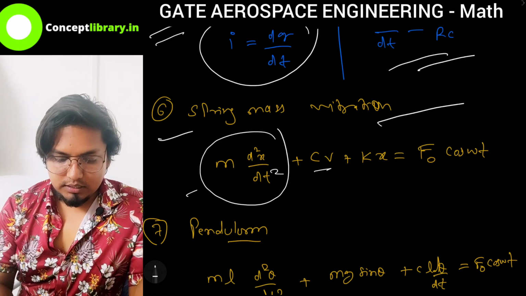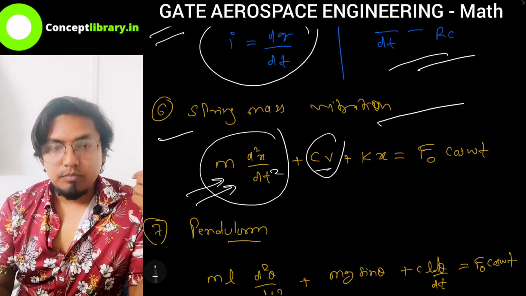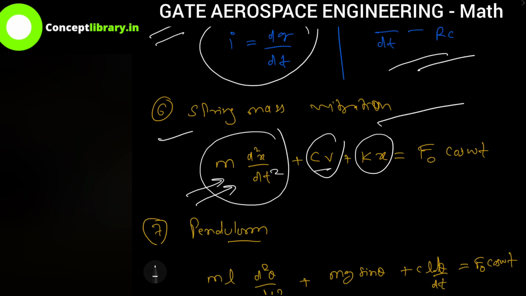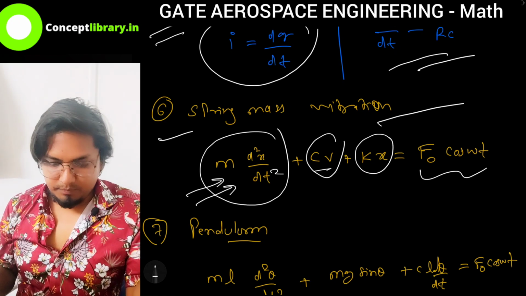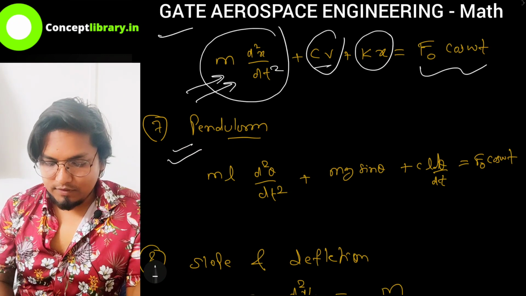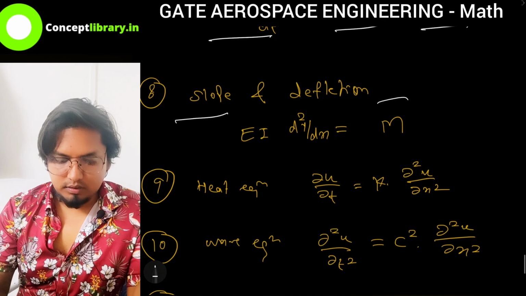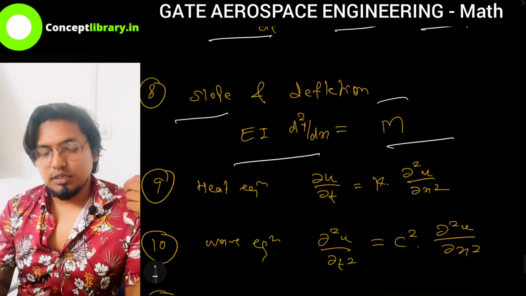Then c dx by dt, this is your inertia force, this is your damping force, this is your spring force, and this is the force that we apply. For a pendulum also we have the same differential equation, and for slope deflection also you have the same differential equation.